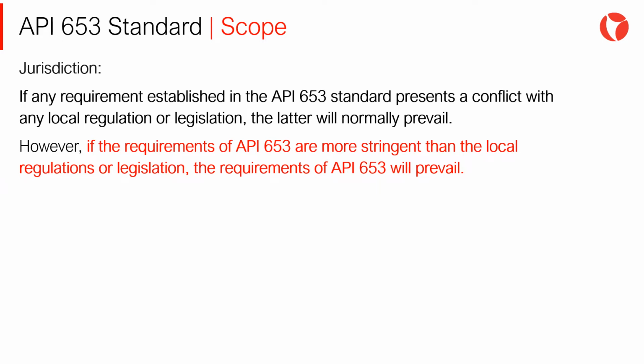Regarding the jurisdiction, if any requirement established in the standard presents a conflict with any local regulation or legislation, the latter will normally prevail. However, if the requirements of the API 653 standard are more stringent than the local regulations and/or legislation, the requirements of API 653 will prevail.